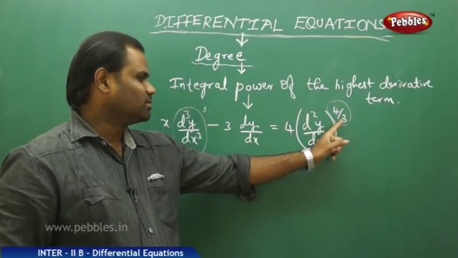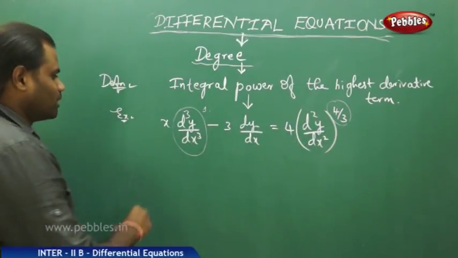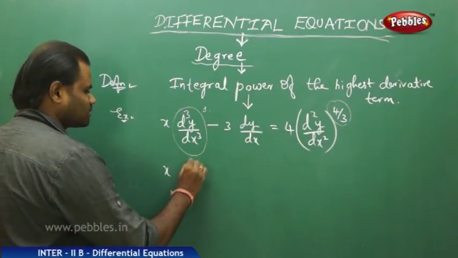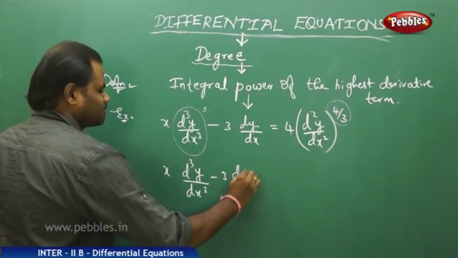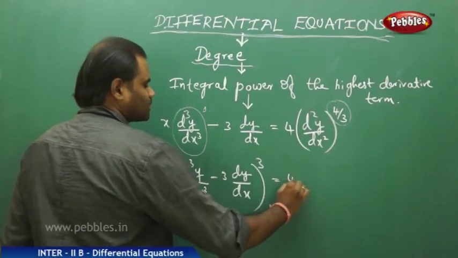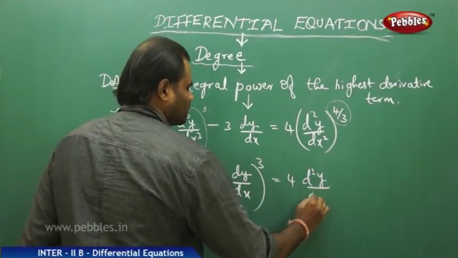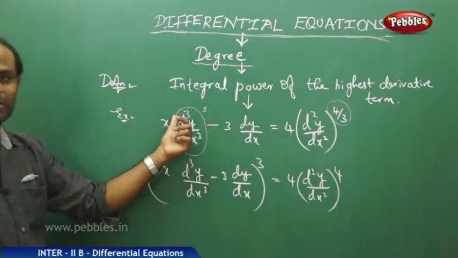In order to remove the fraction, I cube on both sides, and therefore I get x d cube y by dx cube minus 3 dy by dx, whole cube, equals 4 (d square y by dx square) whole power 4, because the 1/3 power becomes a cube.